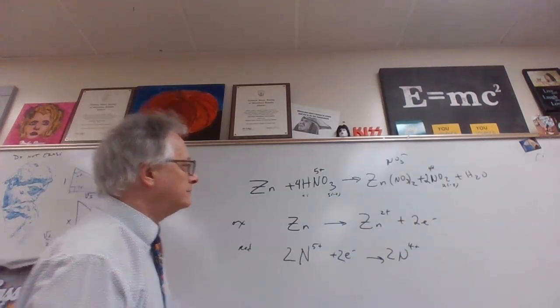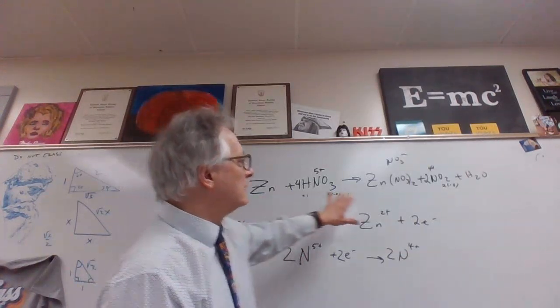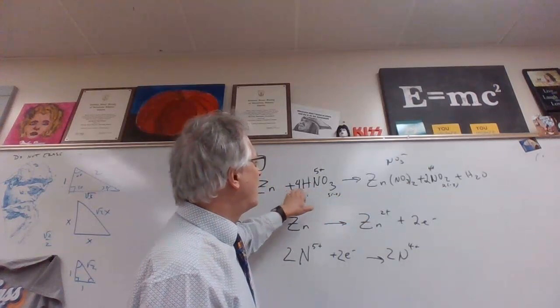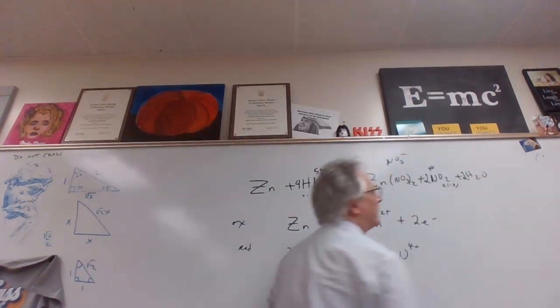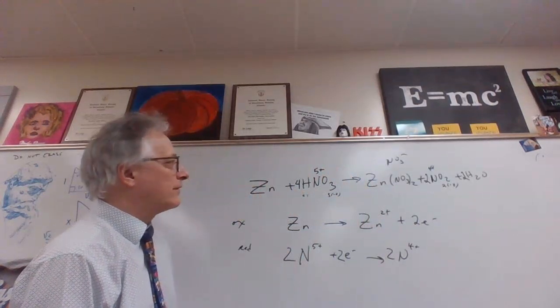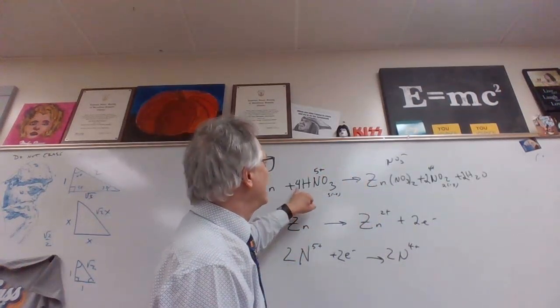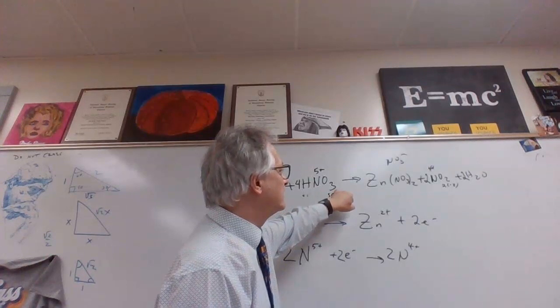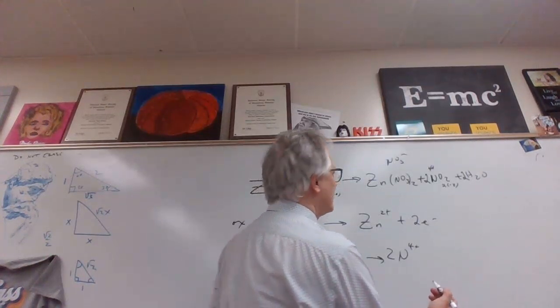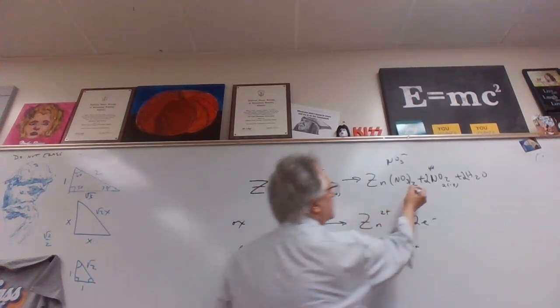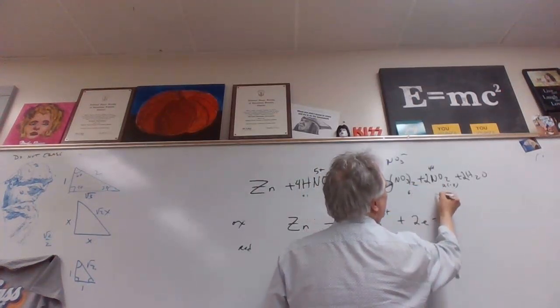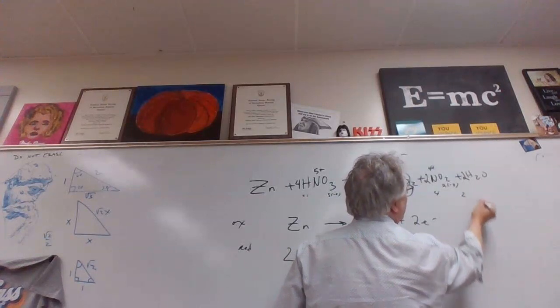let's see where we are in terms of everything being balanced. Well, I have 1 zinc, 4 hydrogens. Over here, if I put a 2 in front of my H2O, then I've got 4 hydrogens. I've got 4 times 3 oxygens. So let's see what I have on this side. 4 times 3 is 12 oxygens. So I've got 6 oxygens, 4 oxygens, and 2 oxygens.